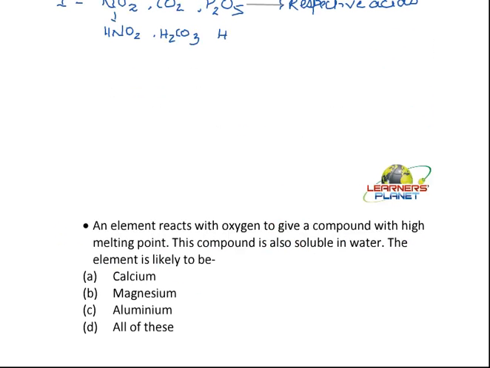P2O5 forms H3PO4, that is phosphoric acid. Non-metals also form neutral oxides. Neutral means they do not change the color of litmus paper or litmus solution.